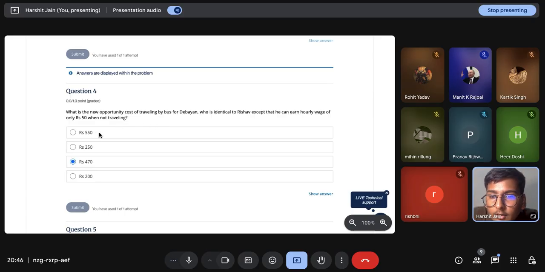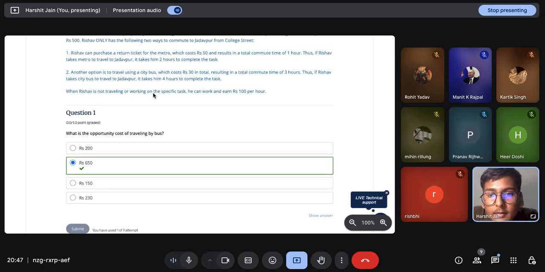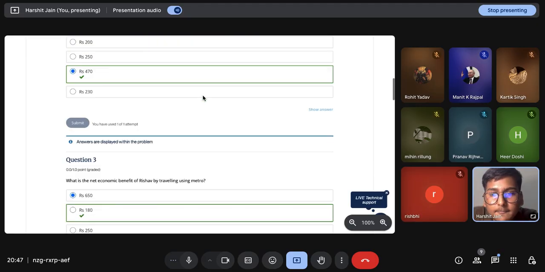What is the question? New opportunity cost of traveling by bus, and what is the cost? And while working on the specific task, he can earn only 50 rupees now.